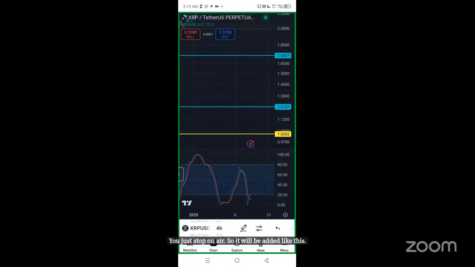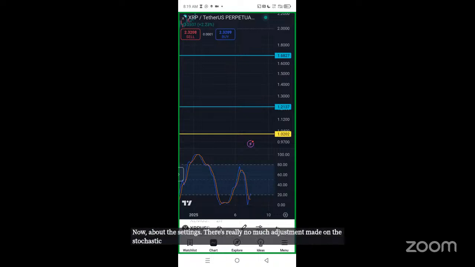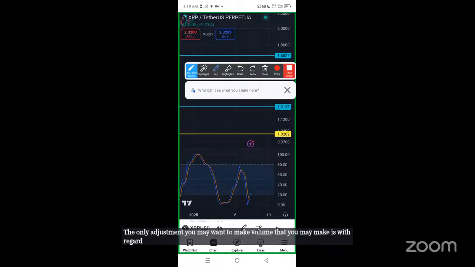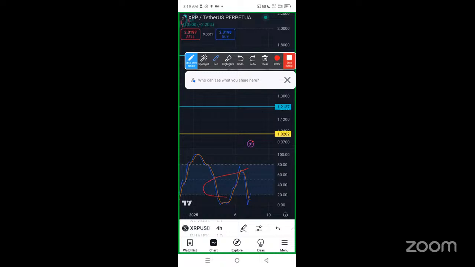Now, about the settings, there's really not much adjustment made on the stochastic RSI. Most of the time we tend to use them in their default form. The only adjustment you may make is with regard to the colors of these moving lines, these moving averages, and how you would want the bands to look.